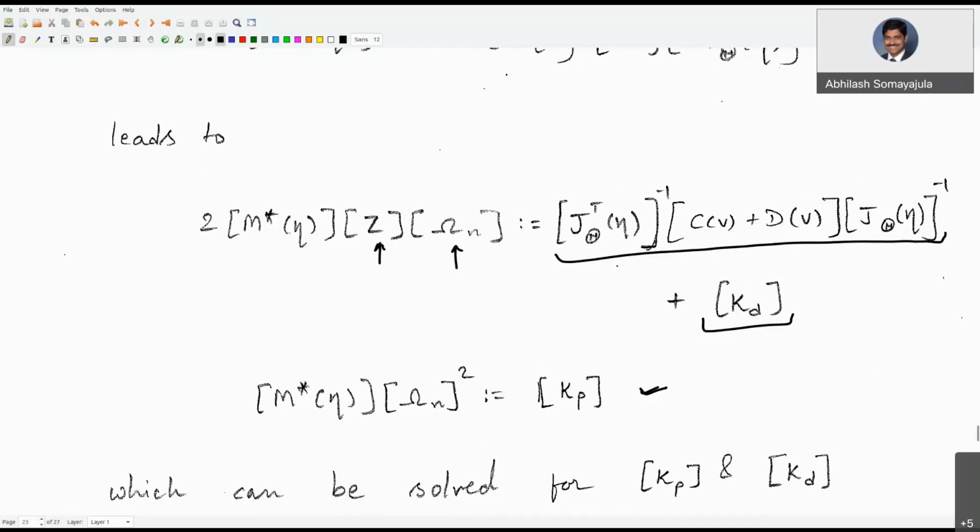Once I know those values, I can compute the gain values using these inverted expressions from here. So I can solve these two expressions to find out my Kp and Kd. Once I put those values of Kp and Kd into my control law, it will ensure that my system has a PID control law which is trying to make the system behave like a spring mass damper system.